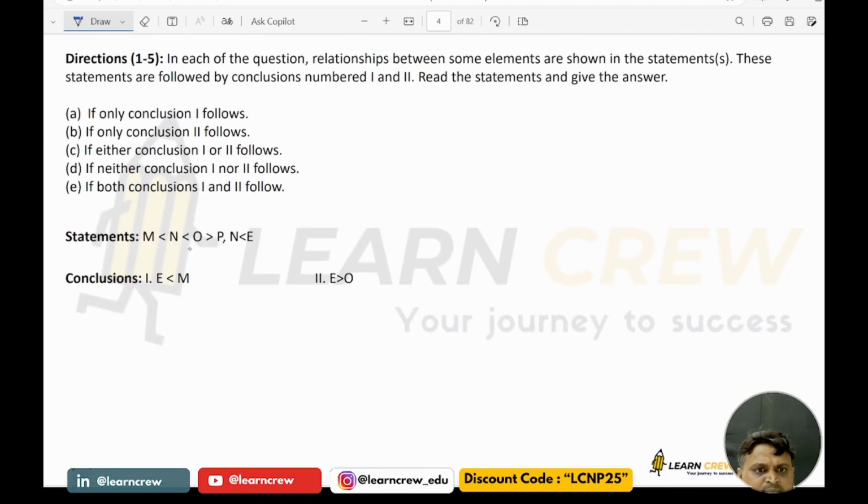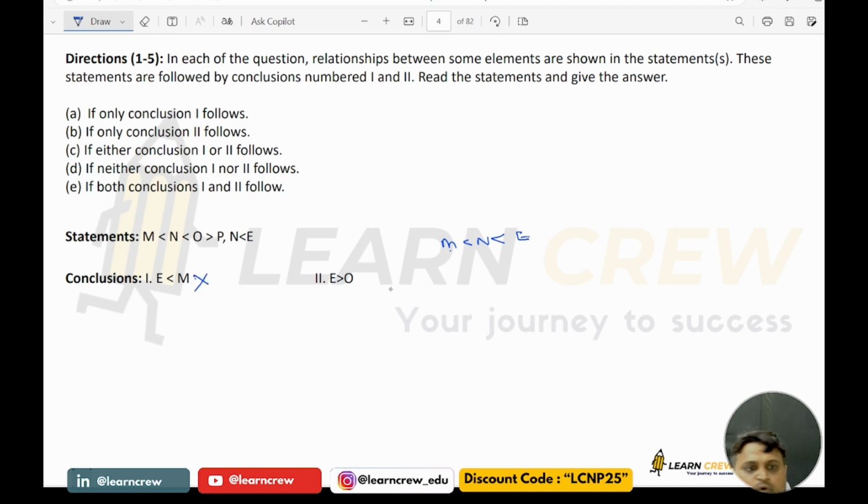Next. M less than N less than O greater than P, N less than E. So E less than M? M is less than N, and N is less than E, so you can say M is less than E. So E greater than M is correct, and E less than M is wrong.